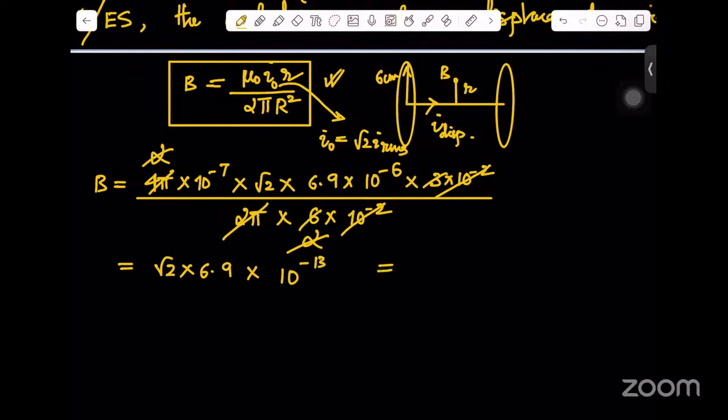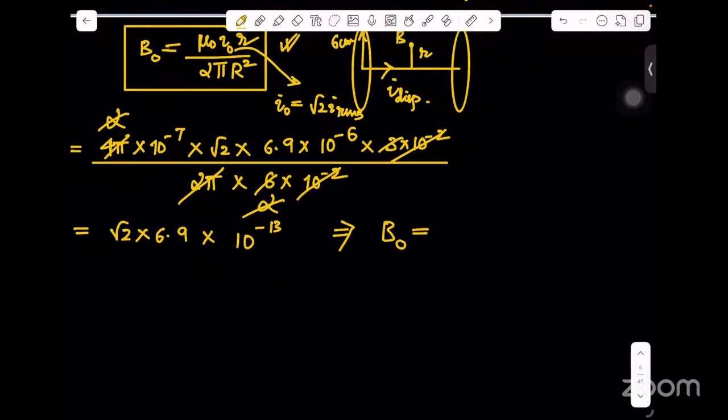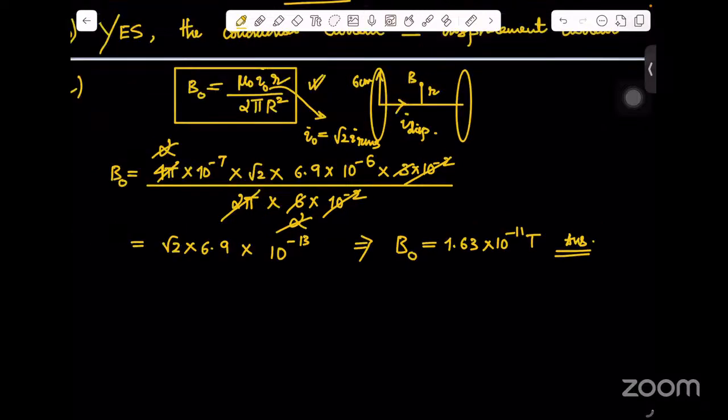So the amplitude of the magnetic field comes out to be 1.63 into 10 raised power minus 11 Tesla. So this is the answer to this question.